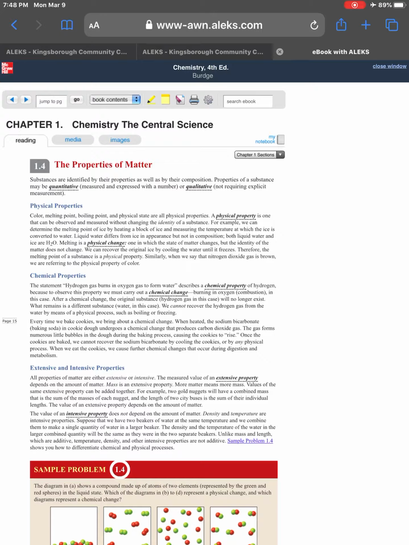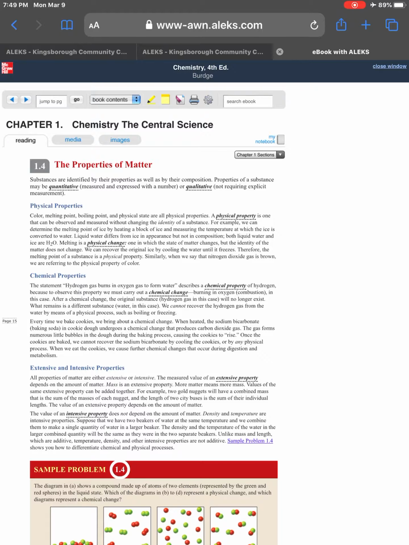We can tell that it's chemical because if we took that water, we would observe that it's very difficult to convert it back into hydrogen and oxygen gases. It pretty much is stuck as water. That's an indication that there was some sort of chemical change. We'll get into more detail later, but in a sense it has to do with this idea of irreversibility, meaning you can't go back the other direction.